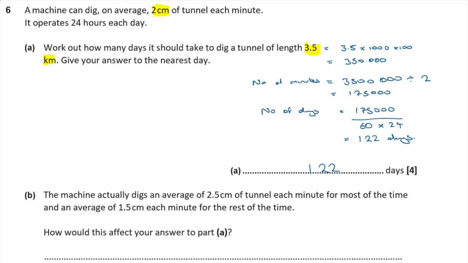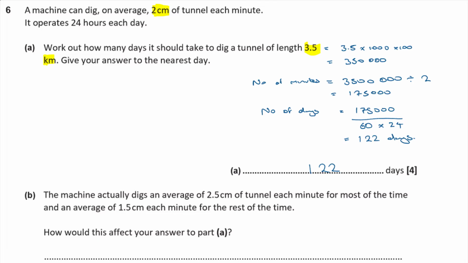The machine actually digs an average of 2.5 centimeters of tunnel each minute for most of the time, and an average of 1.5 centimeters each minute for the rest of the time. Okay, so how would this affect your answer to part A?